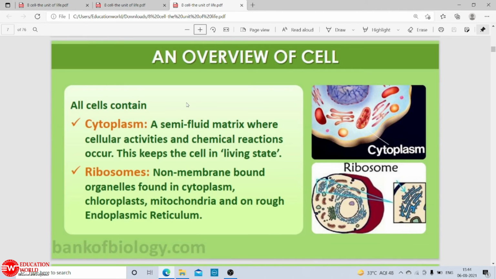So normally if we see the cell, a cell is primarily made up of two different kinds of substances: cytoplasm, which is the fluid material present inside the cell, and the organelles.